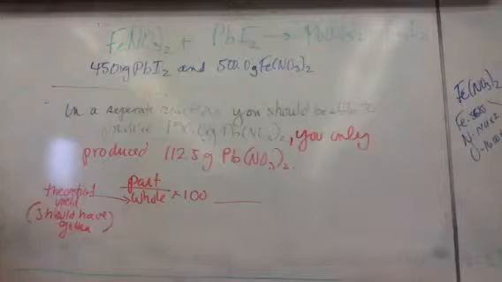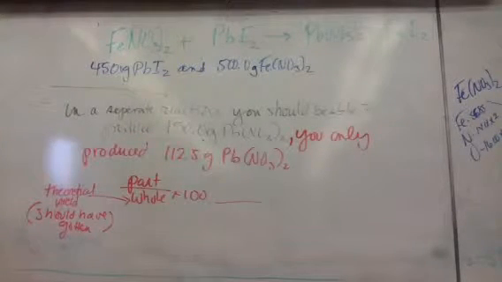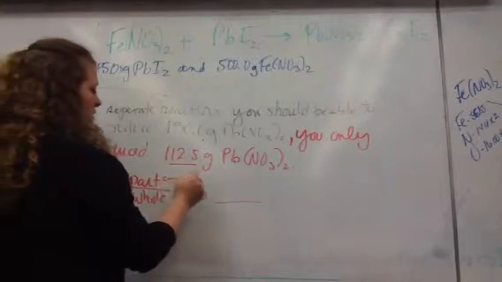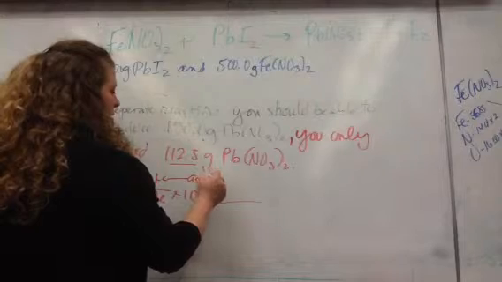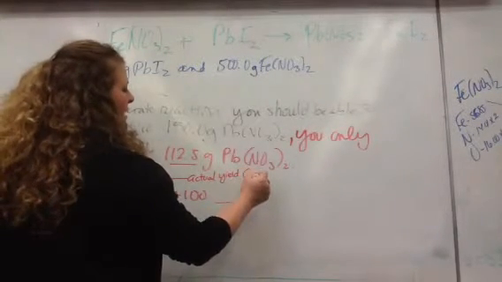You should have gotten, in this case, 150.0 grams of lead 2 nitrate. The actual yield is this, and that's our part. That's the really did get.